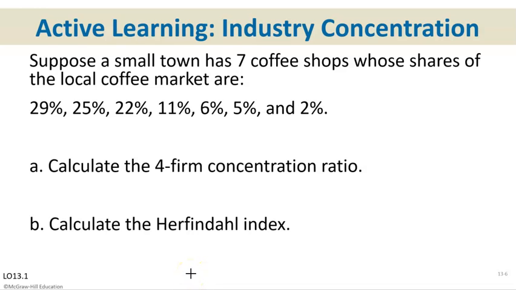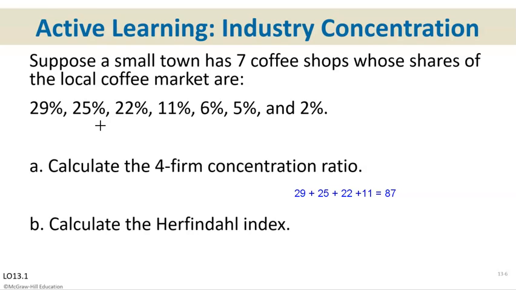For the 4-firm concentration ratio, you're just going to look at the 4 largest firms, and these are already sorted for us, so that makes it easy, and add up the 4 largest firms. So 29 plus 25 plus 22 plus 11, and that would give you 87 for your answer.